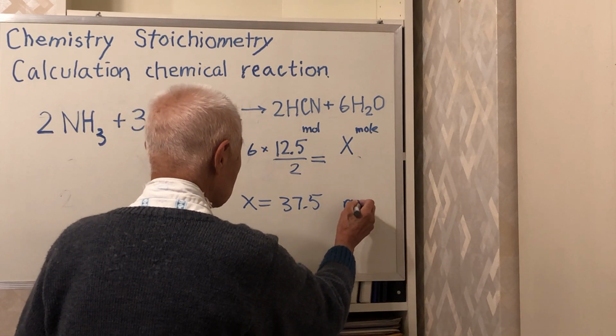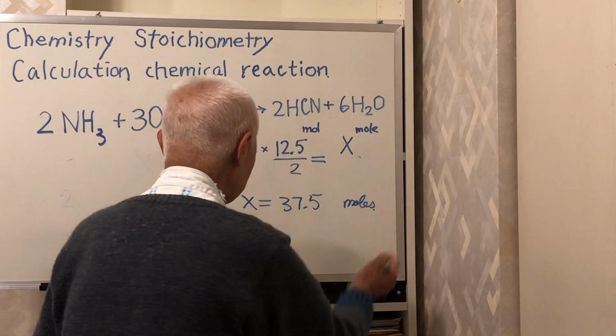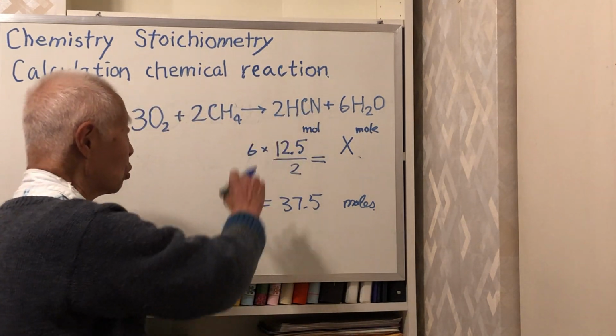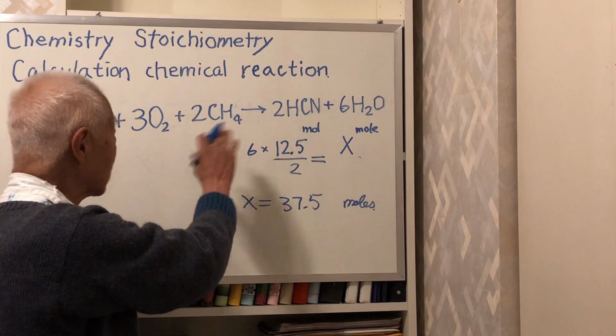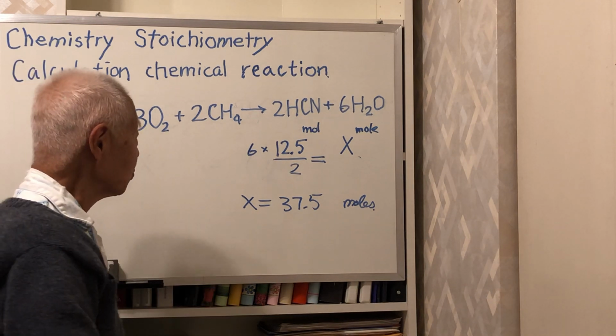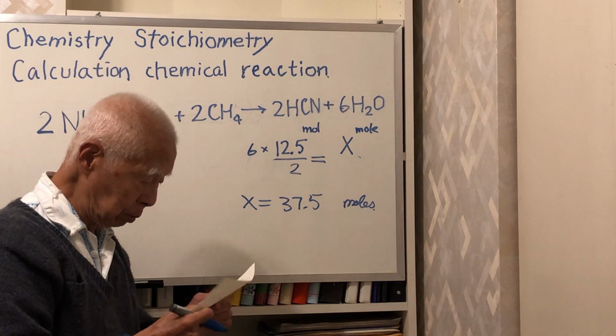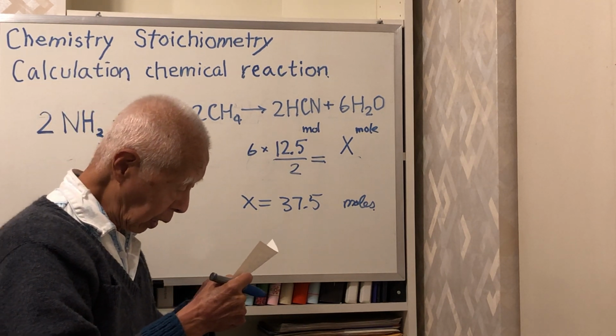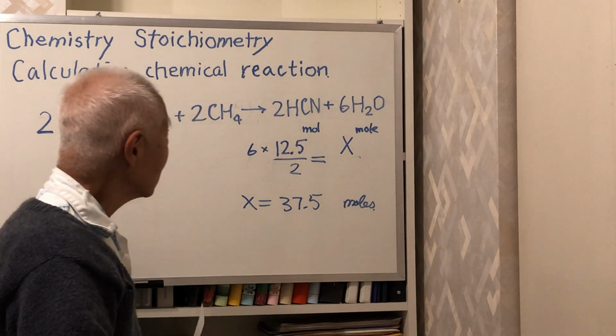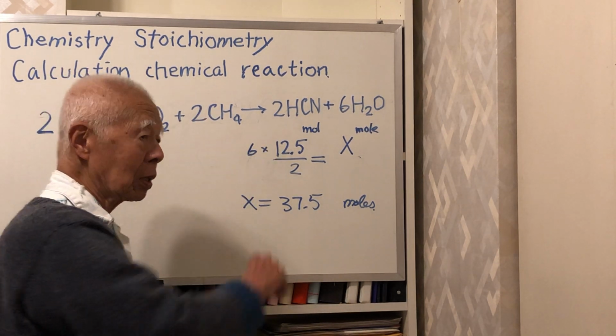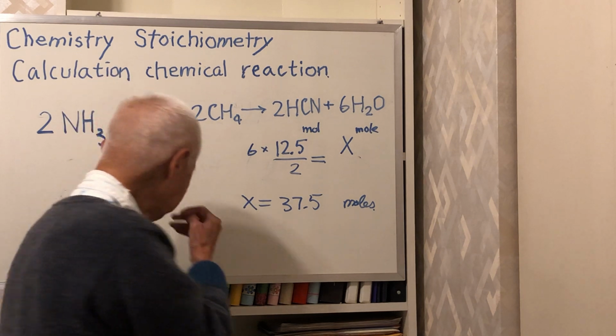This is how many moles of water you can produce in this reaction. So it's a ratio problem. So that is part A and part B.